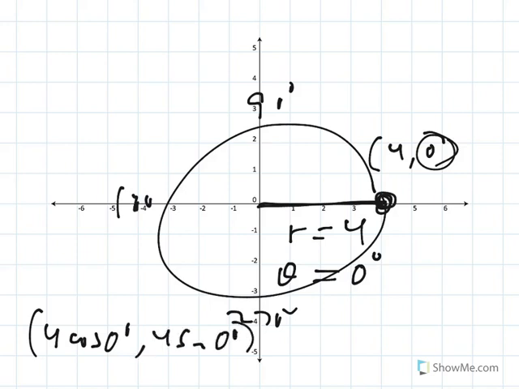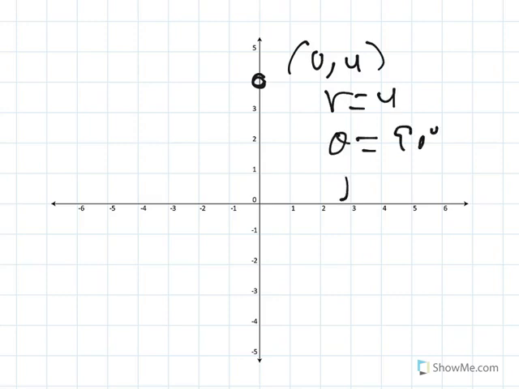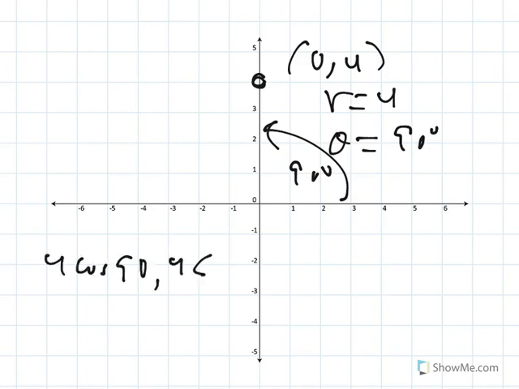There are other angles, they call it a quadrantal angle if it's in between two quadrants. So here I'm at 0, 4. Well, r is 4, but theta is 90 degrees in this case. So it's 4 cosine 90, comma 4 sine 90.